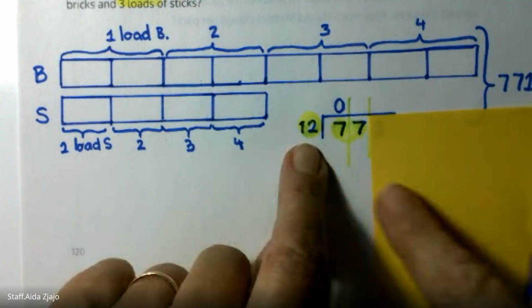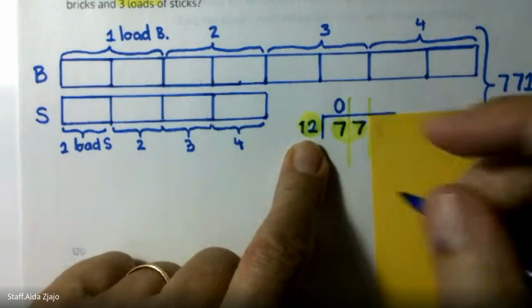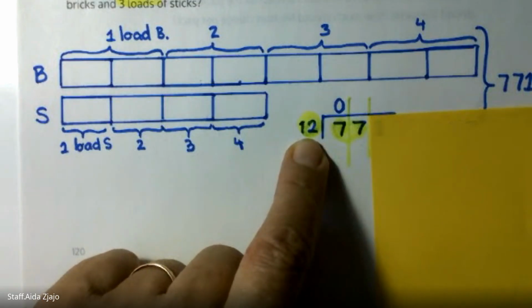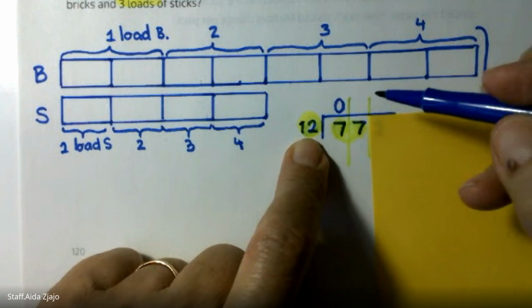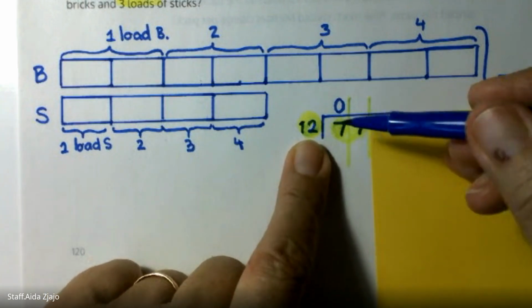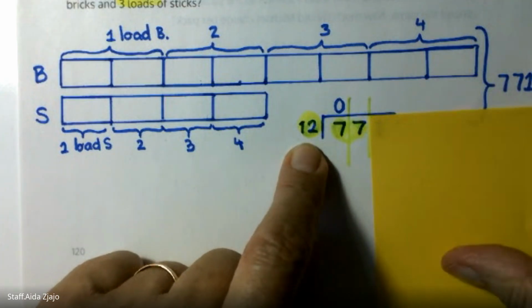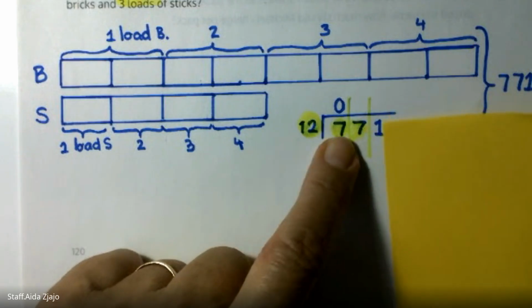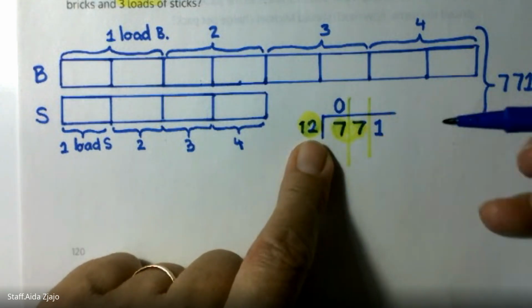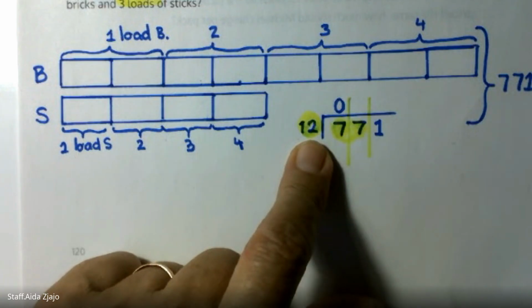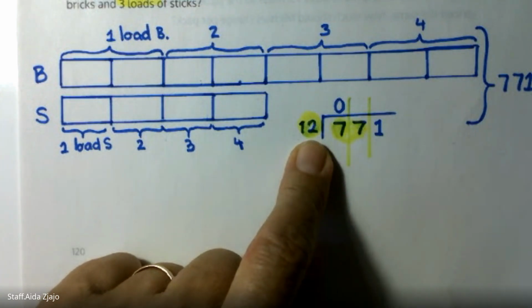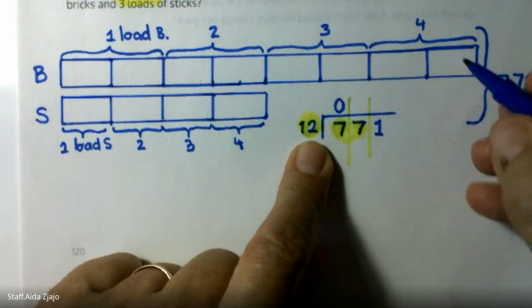If I have 77 tenths, can I make groups of 12? Yes, I can. I can guess like 5 times or 6 times or 7 times, but I also can do adding 12 each time.